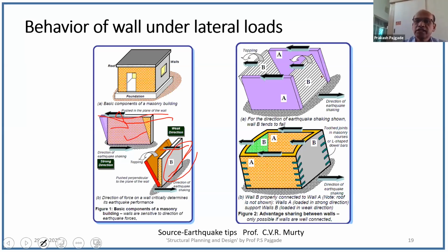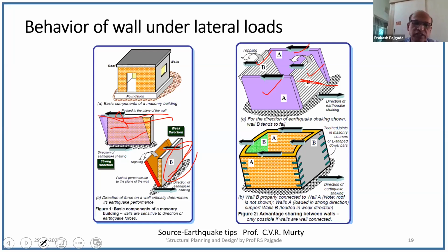For this direction of earthquake or wind, these two walls will be weak, but the other two walls will be strong. If four walls are properly connected by a proper bond or some bands, then its behavior will be better. But for that, the dimensions of these walls, the unsupported dimensions, are also important.